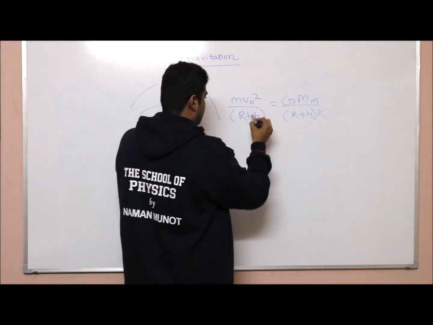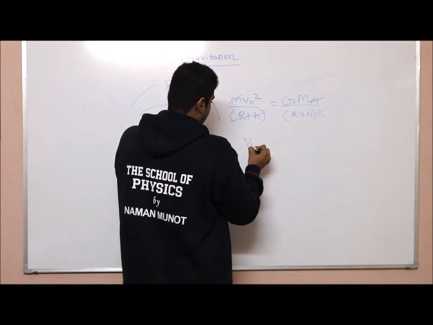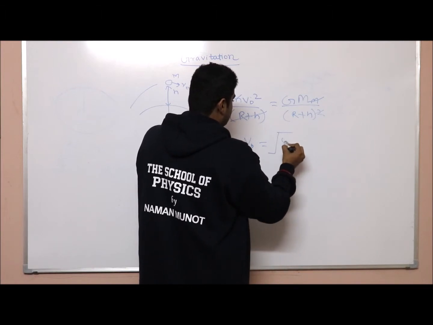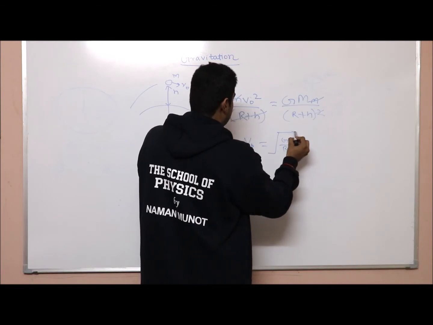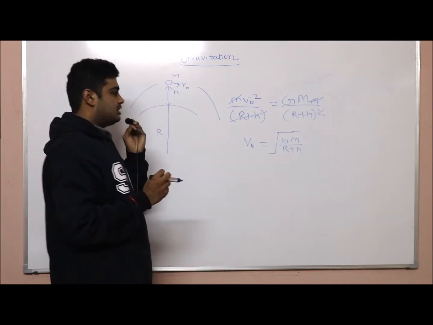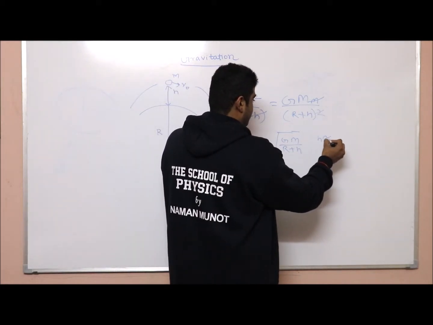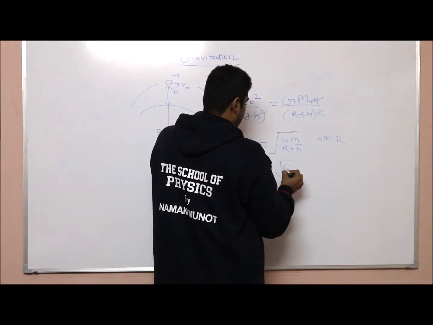Here this cancels, what remains is v naught is equal to under root GM upon r plus h. When h is very small as compared to the radius of the Earth, this becomes under root GM upon r.